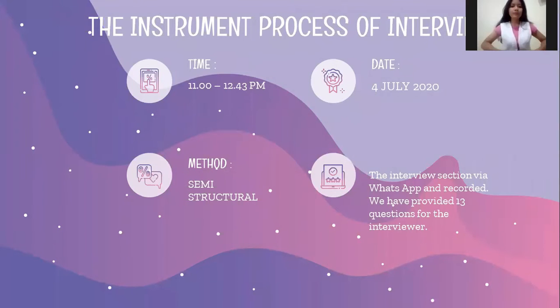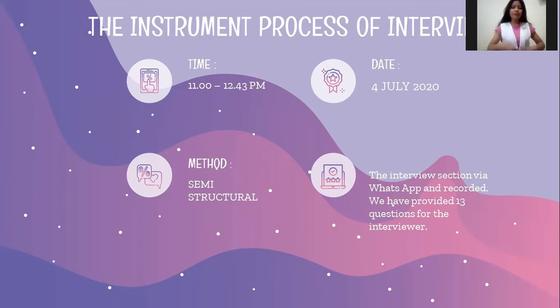So we are going to talk about the instrument process of the interview. We did this interview on July 4th, 2020, around 11 a.m. until 12:43 p.m. The method is semi-structured. That means we are giving the question to the teacher and the teacher answering our question.